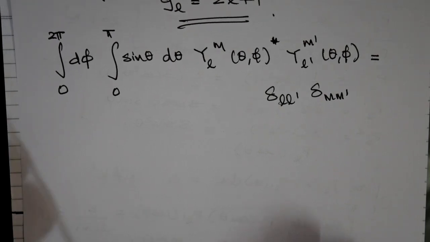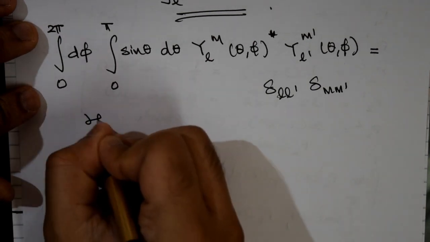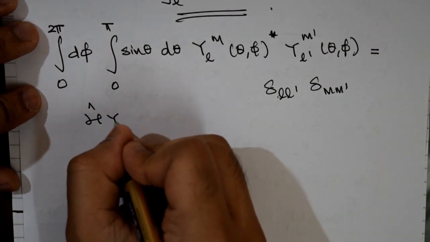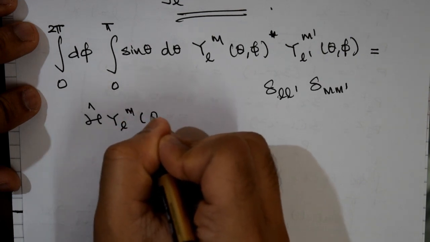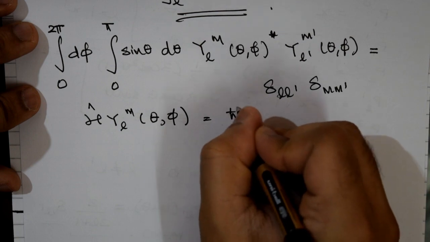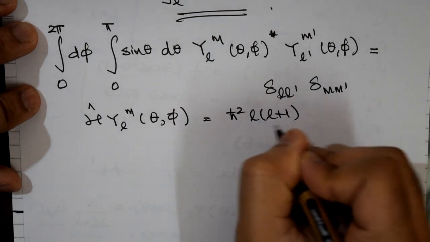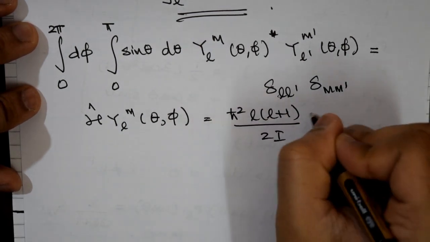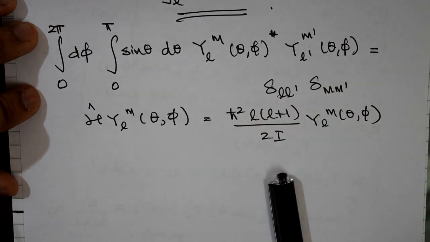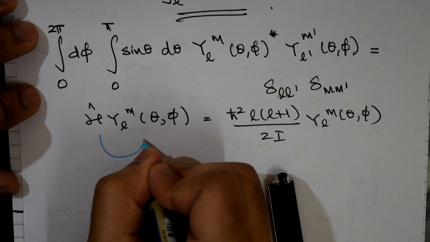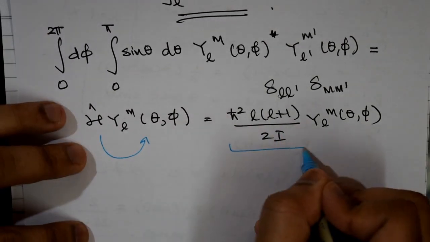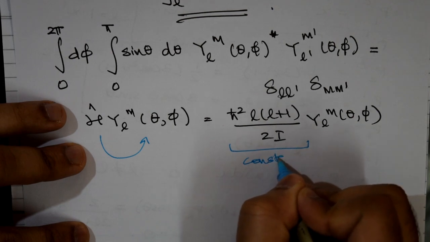So where did we start? We said the Hamiltonian will help us determine what the functions are. So this is our function. The eigenvalue equation is rewritten here, L into L plus 1 divided by 2I. This indicates that if you operate the Hamiltonian on the spherical harmonic solutions, you get a constant back and the function back.